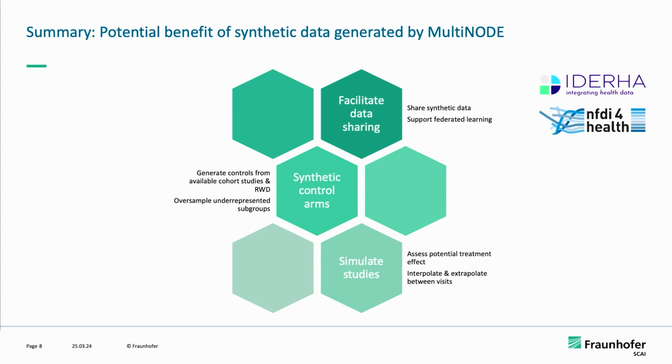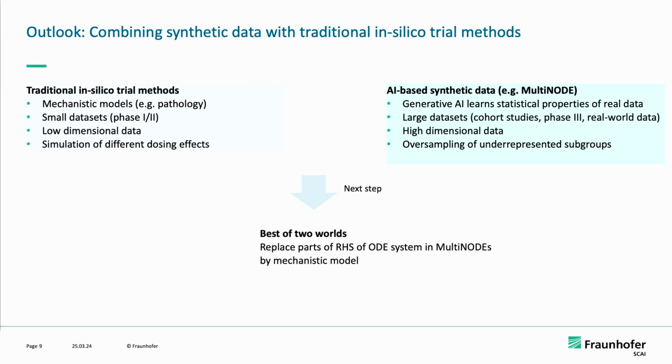And also for scenarios like synthetic control arms generation, and also using the data to enrich the data when it comes to scenarios in which underrepresented groups of people are needed to make unbiased predictions later on, and also for simulating patient trajectories as time evolves.